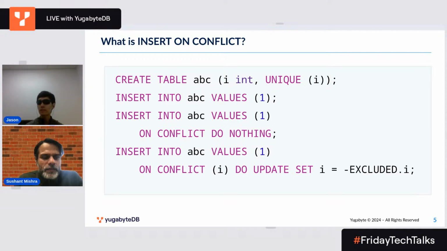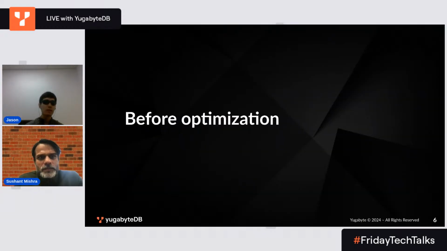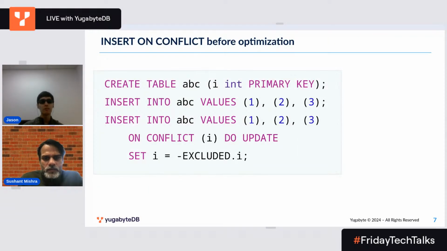Yeah, thank you. So I want to display what things look like before the optimization we made. We have some table ABC, same schema, but we insert values 1, 2, 3 and try to insert them again, but with an on conflict do update.